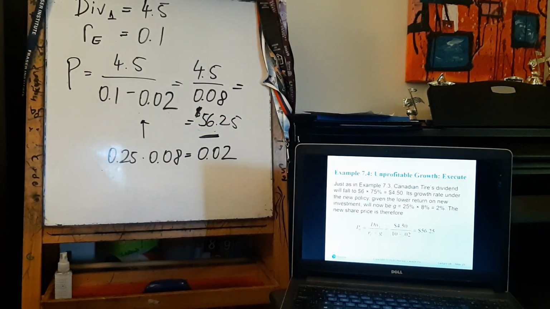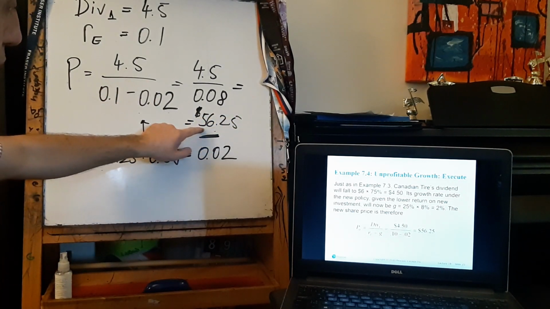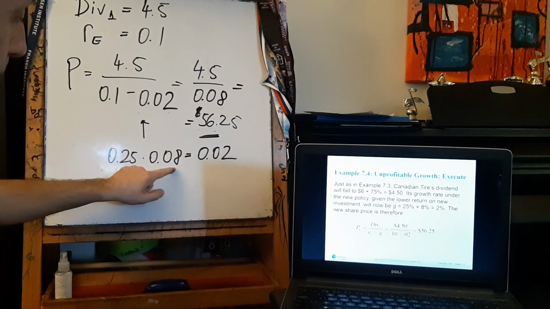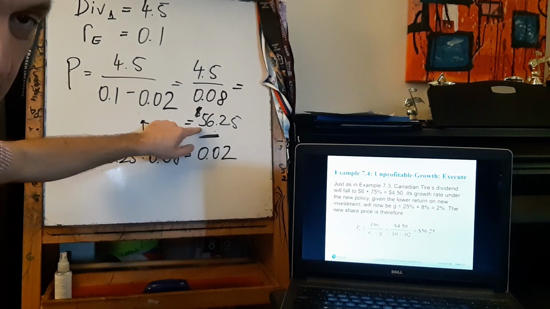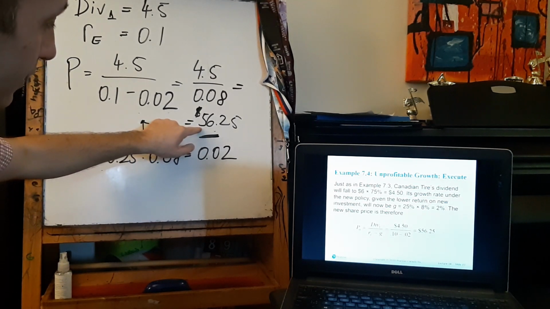So in this case, you actually reduced your share price if you invest in this project. Now, that intuitively means that it looks like a bad project. Don't do that. Don't grow your company where the investors are going to punish you for that new investment.